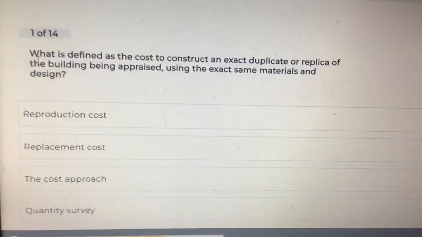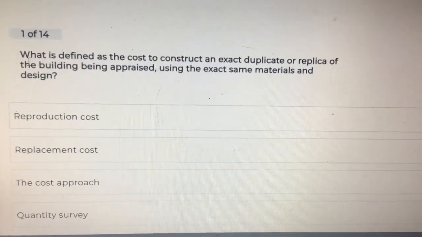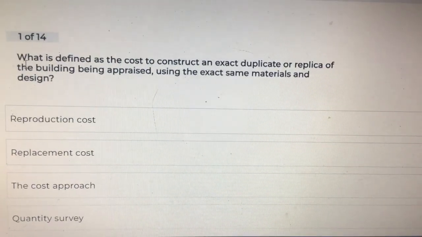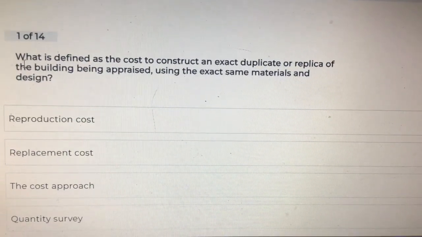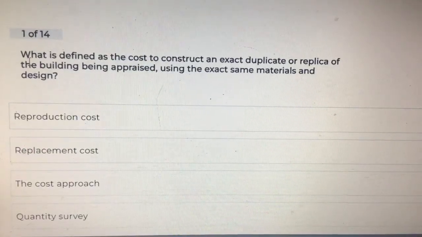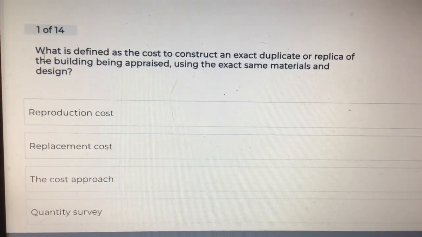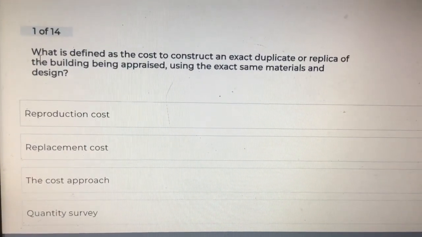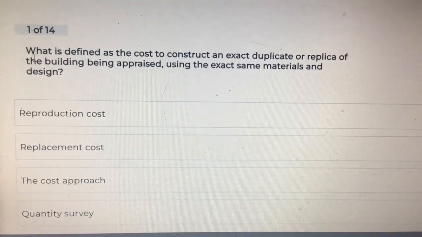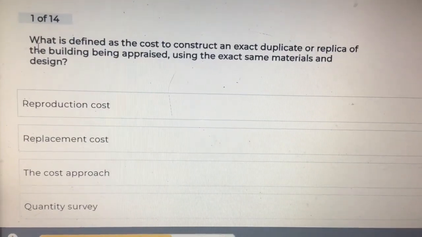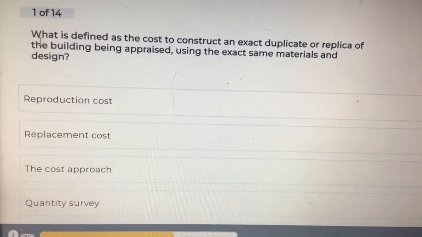Number 1. What is defined as the cost to construct an exact duplicate or replica of the building being appraised using the exact same materials and design? A. Reproduction cost.